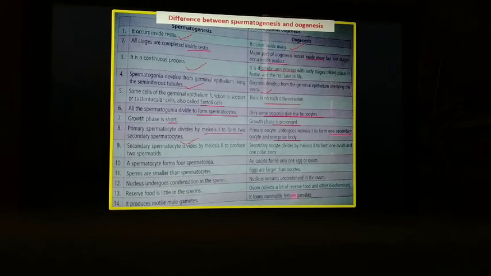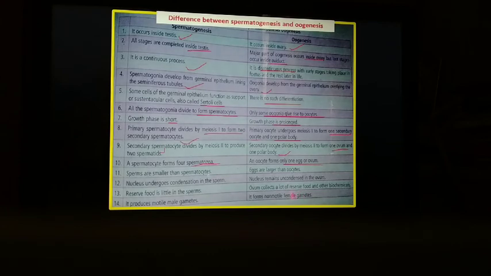After meiosis 2, each secondary spermatocyte produces two spermatids, whereas the secondary oocyte after meiosis 2 gives one egg and one polar body. A spermatocyte forms 4 spermatozoa, whereas in oogenesis an oocyte forms only one egg or ovum.